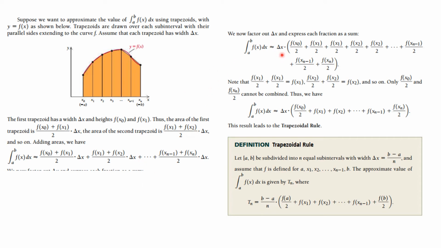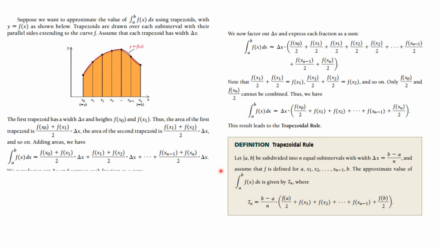But what we can do is factor out delta x from that, and we get this expression, but this one and this one add together, so that's really just going to be f of x1, this one will be f of x2, and so on. So we have the final result, that the definite integral from a to b is approximately delta x times, and this is what we get. And putting it in a box, this is the general approach.